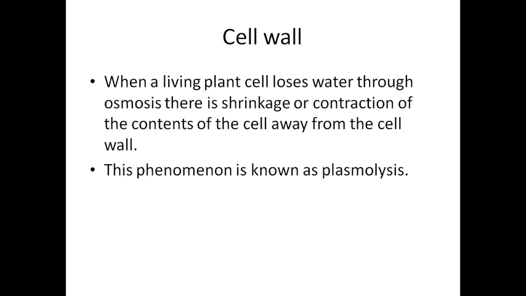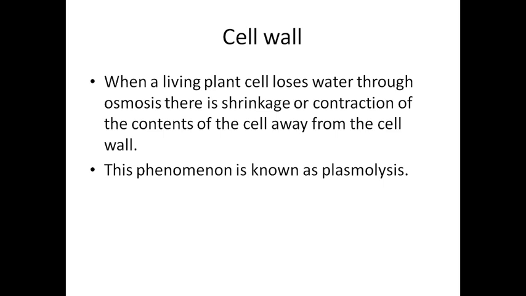Now when a living plant cell loses water through osmosis, there is a shrinkage or contraction of the contents of the cell away from the cell wall. And this phenomenon is known as plasmolysis. To make you understand better, suppose you take a living plant cell and you put it, it's a turgid living plant cell, so it's turgid.